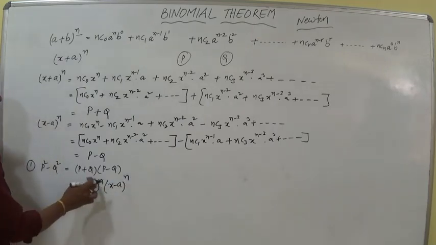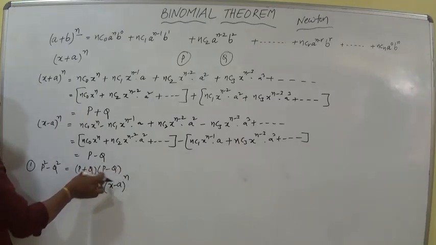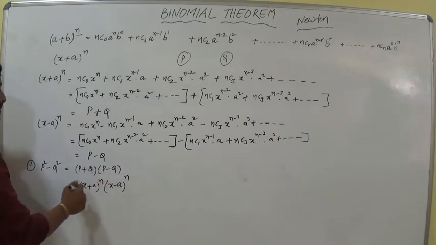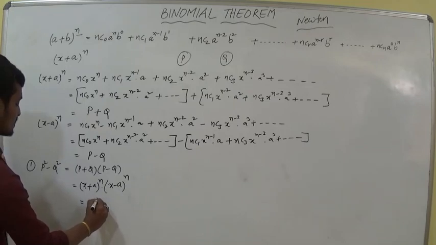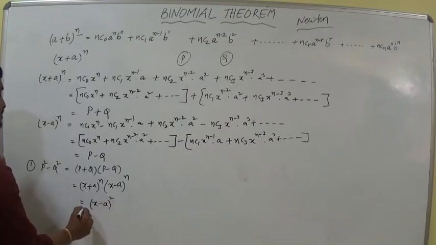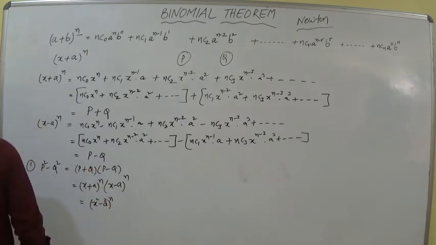This is a power m into b power m: the exponents are equal, bases are separate, so we can multiply the bases. That is (x square minus a square) whole power n. So is there any option?